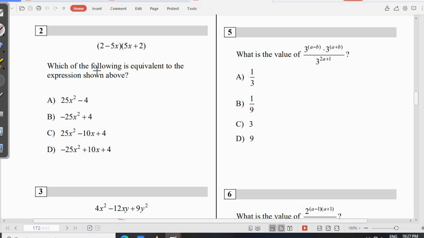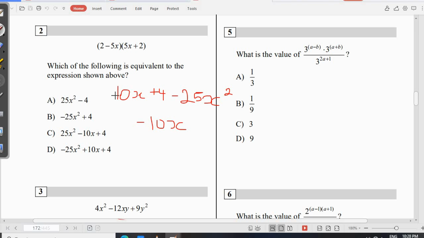So which of the following is equivalent to the expression shown above? So we have this 2 minus 5x, 5x plus 2. So we're going to multiply this to give you 10x plus 4, and then this minus 5 times 5 is minus 25x square, and then minus 5x times 2 is minus 10x.